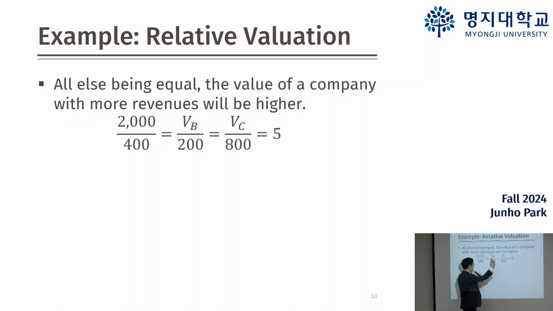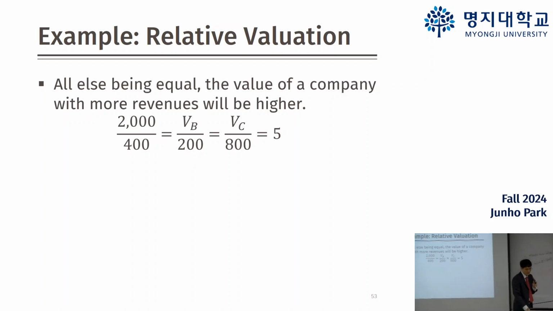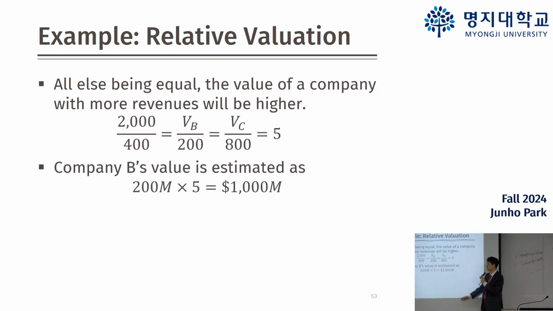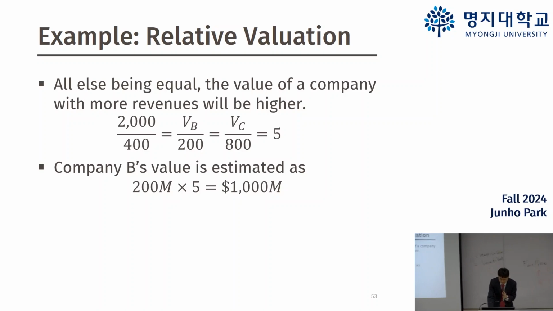And we know that B's revenue is 200, and that C's revenue is 800. Then B's value should be 5 times larger in a similar way with respect to A. So it is 5 times larger than the revenue. So B's value should be 1 billion.